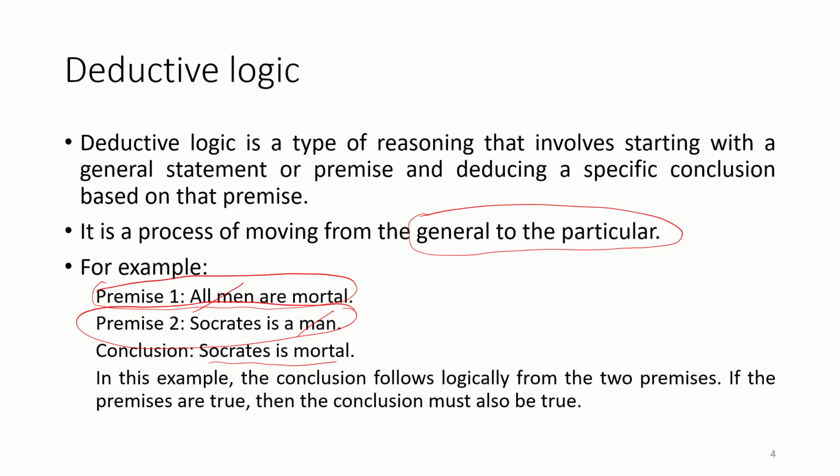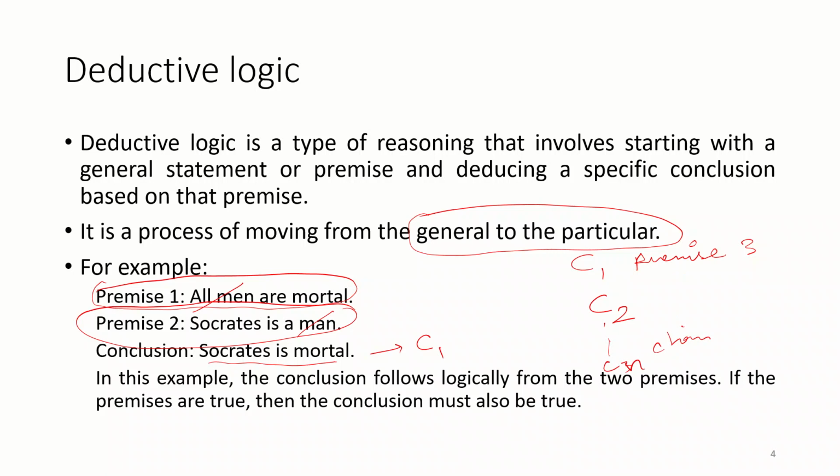Then we have something called a chain of deductions, in which we get one conclusion. This is conclusion one. Then we combine it with another premise. That can be premise 3, and then we get conclusion 2, and this can go on. This is called a chain of deductions. Such things are also possible.